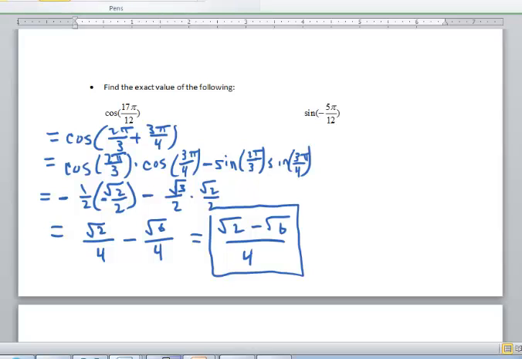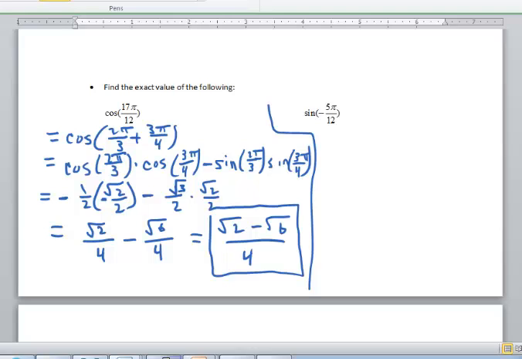All right, and I would do a very similar thing now with the sine of negative 5 pi over 12. I would say, well, this is negative, so I'm going to probably try to write it as a difference. So how could I get negative 5 pi over 12 as the difference of two angles?